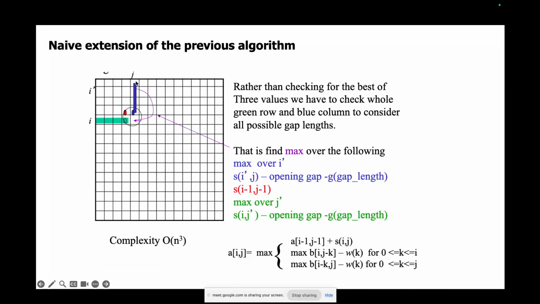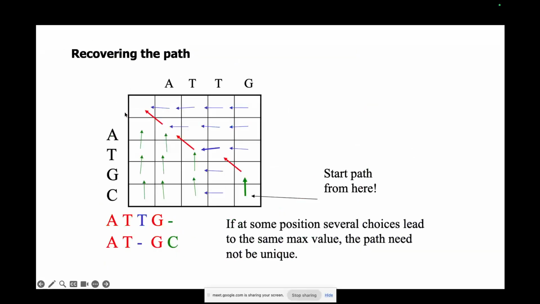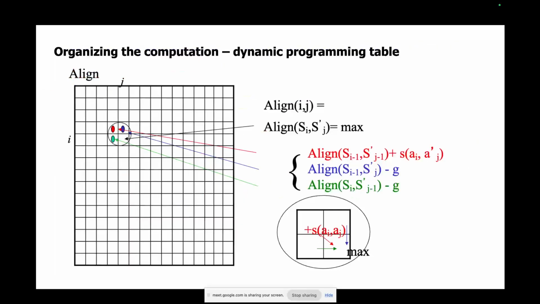So the idea is that in the previous case, you are assuming that the alignment can come from these three possible corners. Either there is a single gap here, or a single gap here, or there is a substitution here. These are the three things that are possible by this particular algorithm.